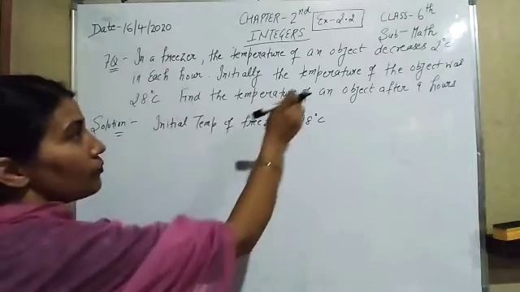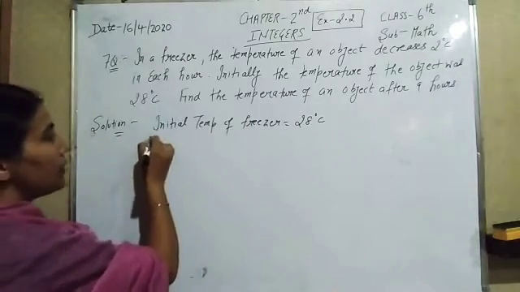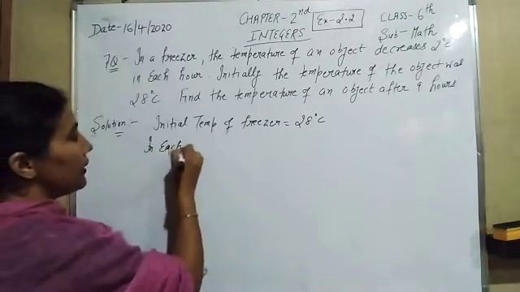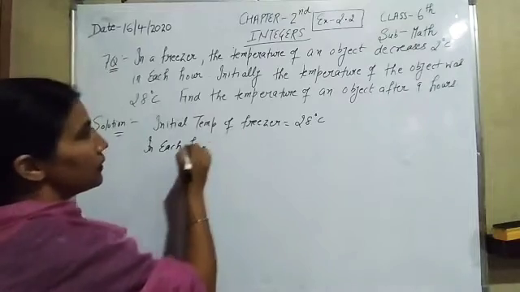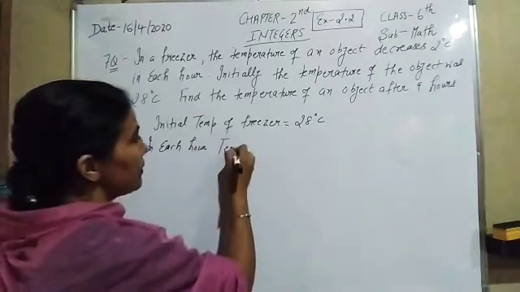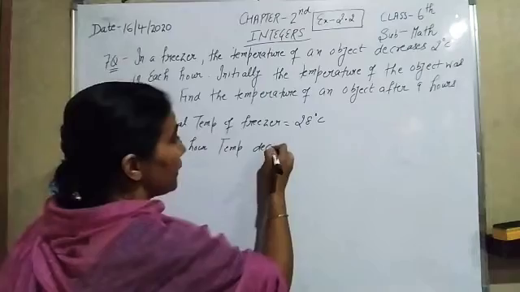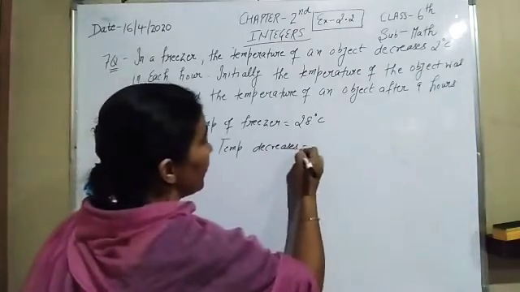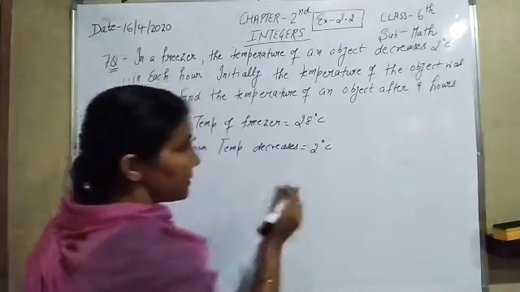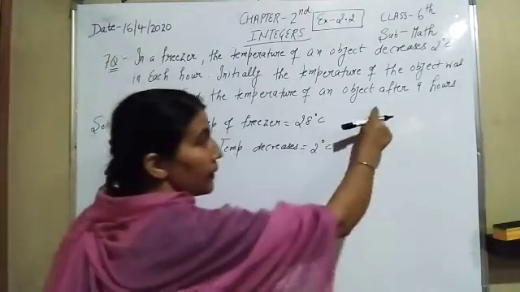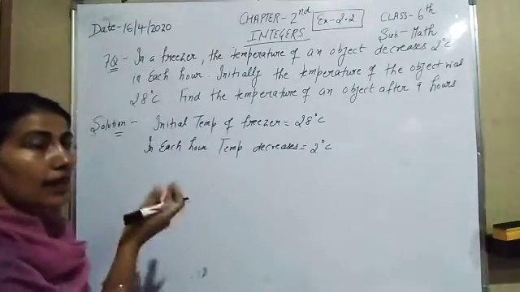Now let's start. We have in each hour temperature decreases, that is equal to 2 degrees Celsius. We have to find out the decrease after the 9 hours.